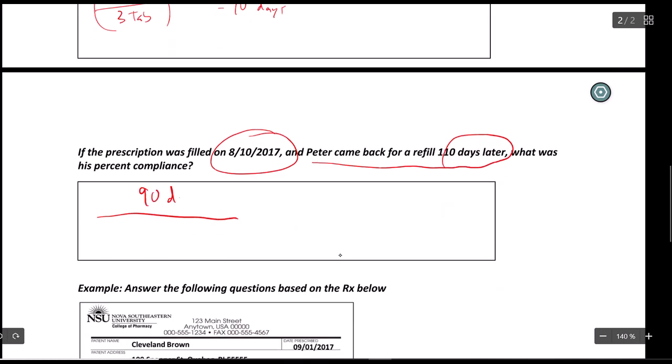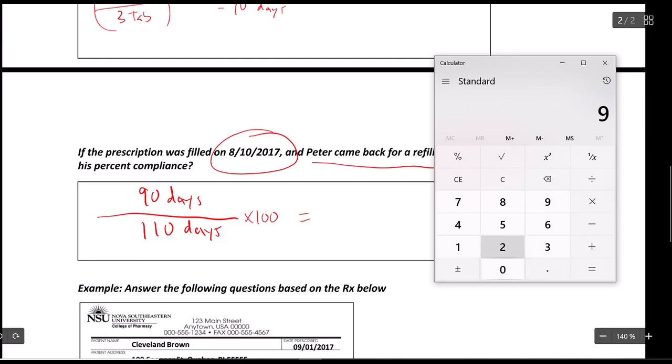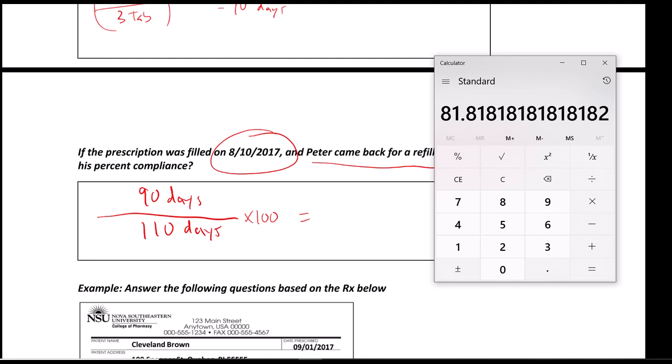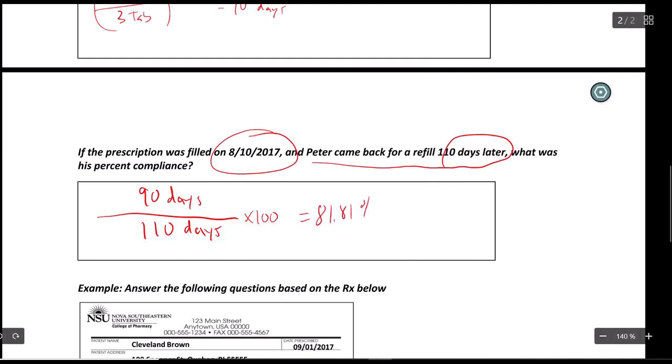The number of days that went by since he picked up the prescription is 110 days. So you have that number, and then times 100 to get a percent compliance. So if you were to take 90, you divide that by 110, then you multiply that by 100, they're about 81.81% compliant. That's what that's saying, or their adherence rate, we can also say.